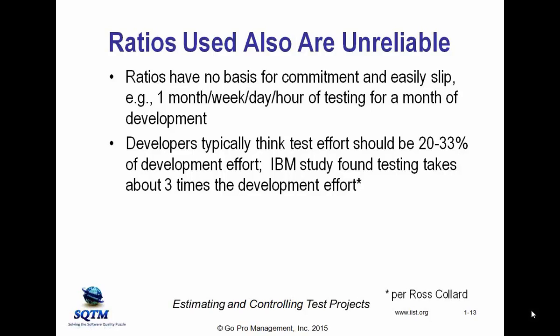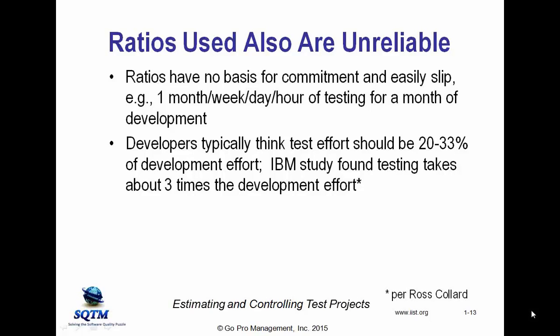Some of you may know Ross Collard, a longtime colleague, one of the top guys in the testing community. Ross has shared with me a report that developers typically think the test effort should be somewhere between 20 and 33% of the development effort, similar to what one person said earlier.